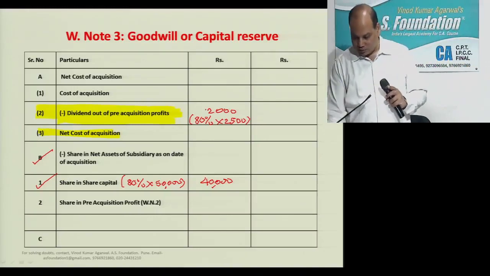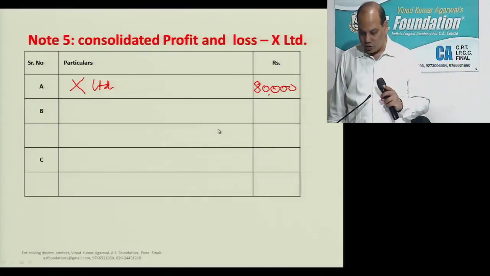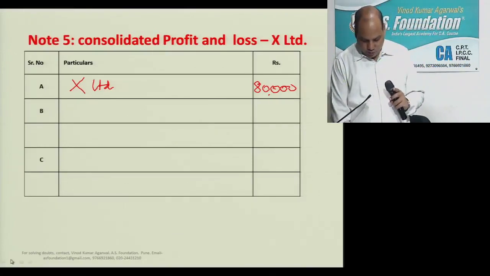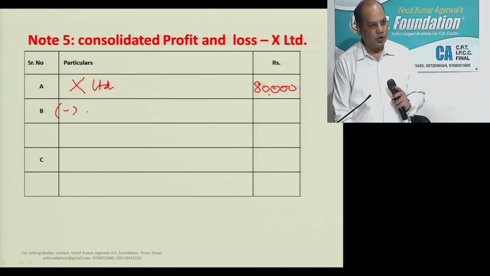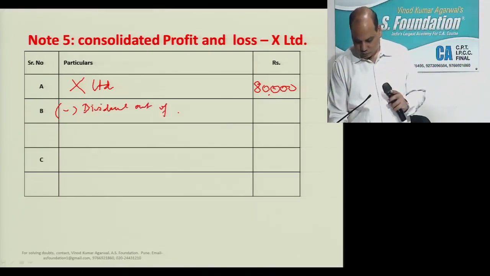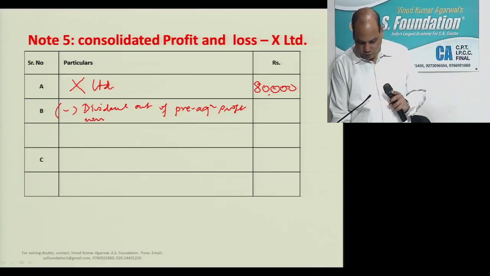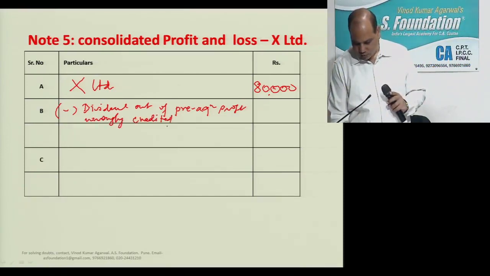Second effect of this, working note 5. Do you have working note 5? Yes. So we prepare a separate working note 5 because sometimes a lot of adjustments are given here. So what will you write here? Dividend out of pre-acquisition profit wrongly credited.